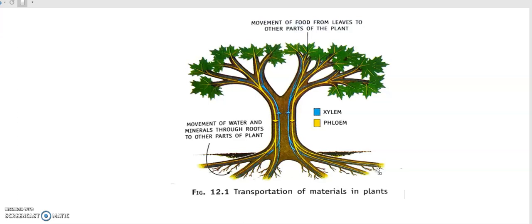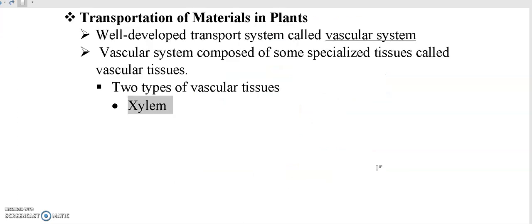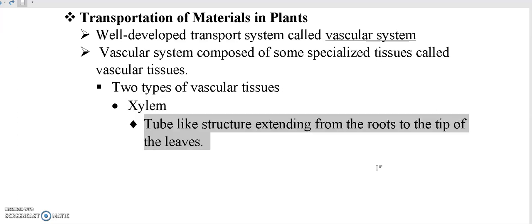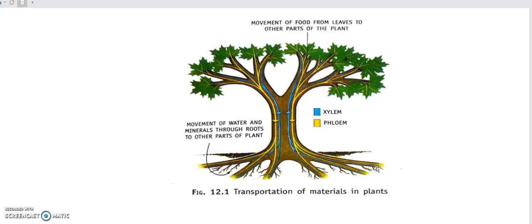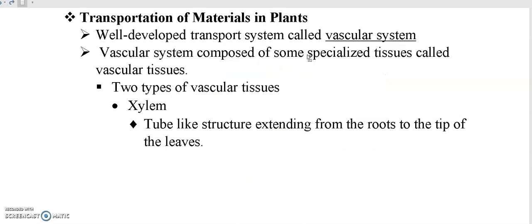So what we are discussing here is that xylem is a tube-like structure extending from the roots to the tip of the leaves. See, this is blue, going from root to the tip of the leaves.